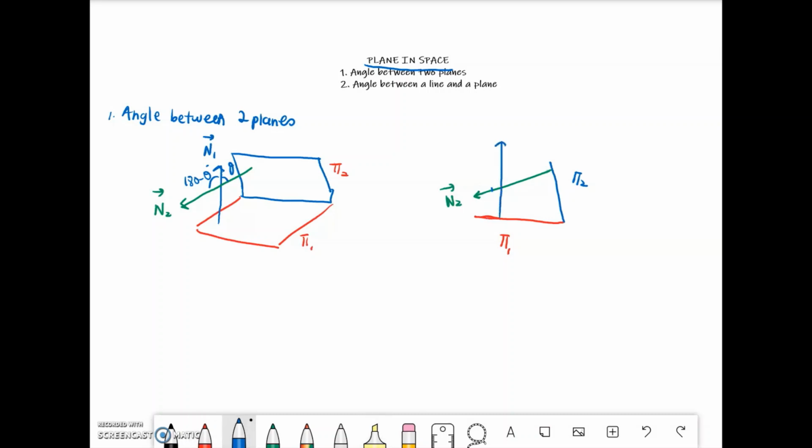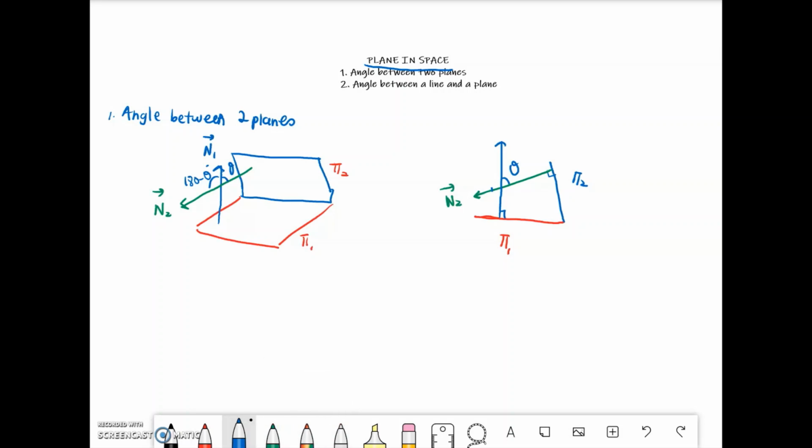It's 90 degrees from plane 1, and this will be 90 degrees for plane 2. So what we can find is the angle here. Our aim is to find the angle between these two planes by using the angle between the normal vectors.